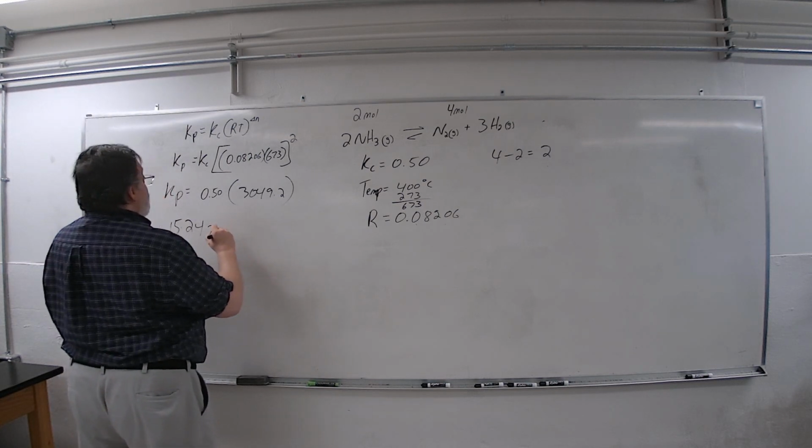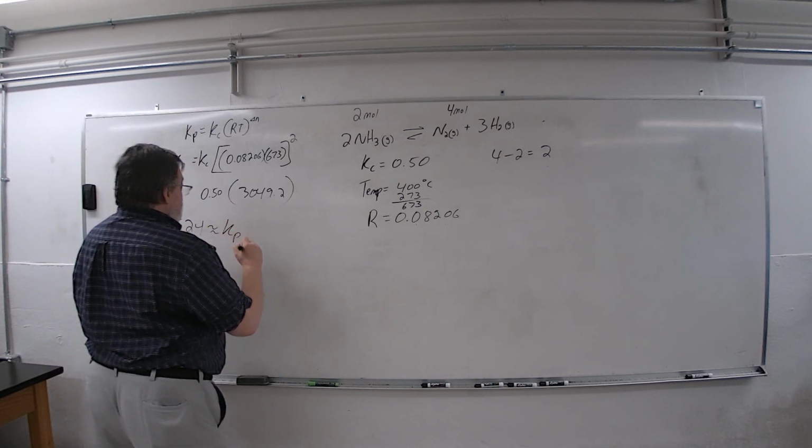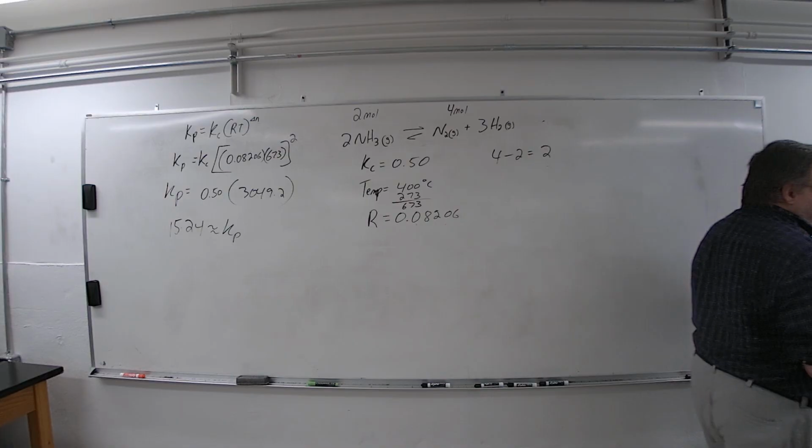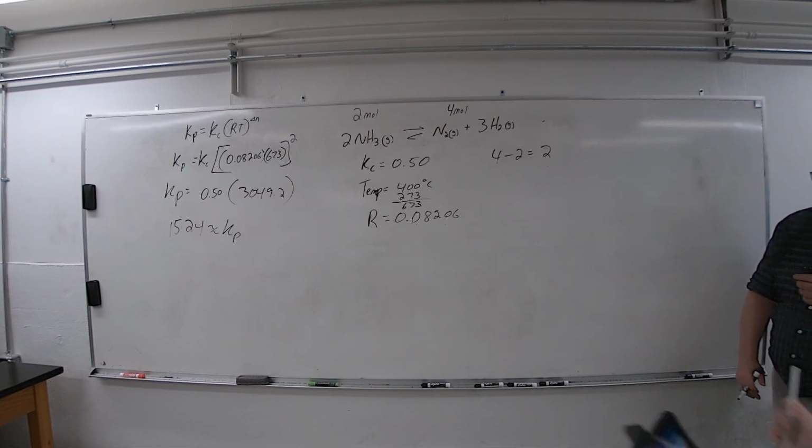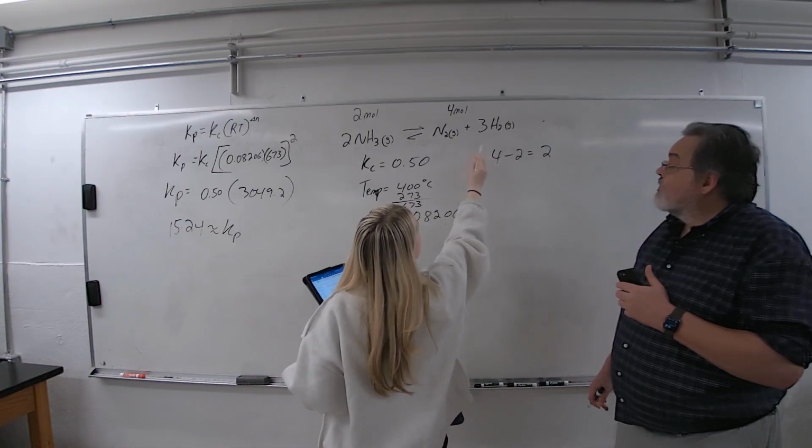So, what do I have for answers there? Kc, well, I did it wrong. Did I just go too fast? No, I think you flipped this, because you did 4 minus 2, it's supposed to be 2 minus 4.